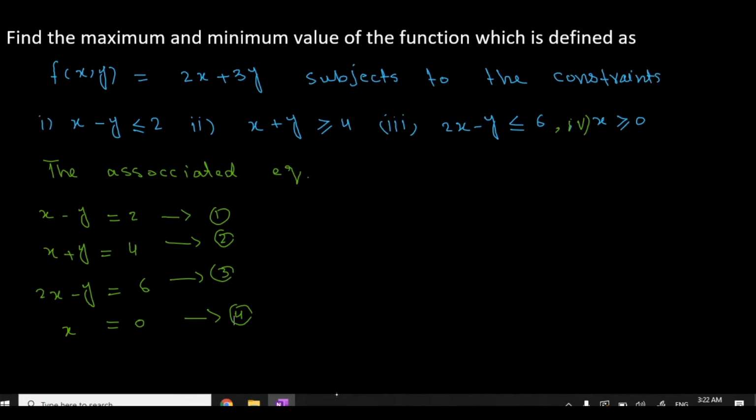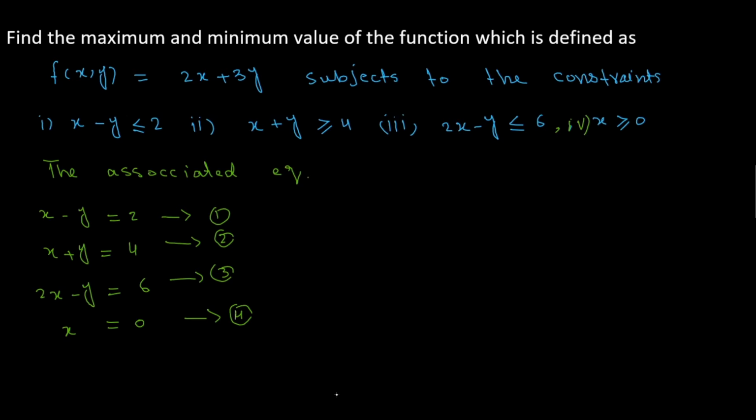For x equals 0 in equation 1, y is equal to minus 2. So our point is 0 comma minus 2.